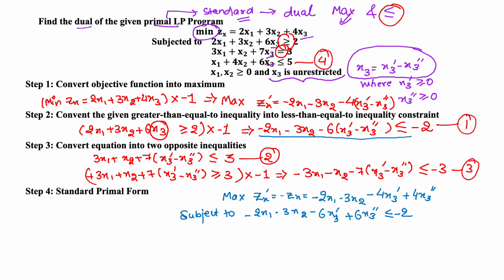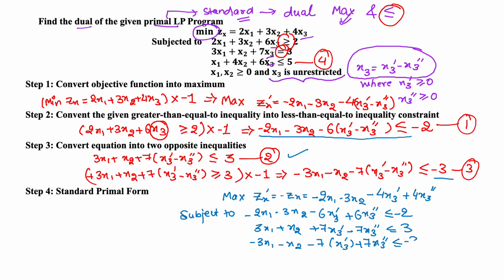Then the second, 3x1 plus x2 plus 7x3 dash minus 7x3 double dash less than or equals to 3. Third constraint equation, minus 3x1 minus x2 minus 7x3 dash plus 7x3 double dash less than or equals to minus 3.